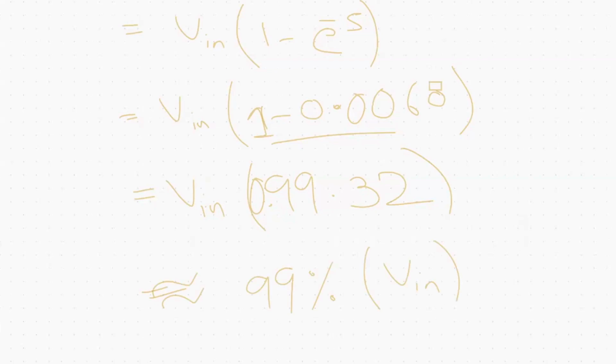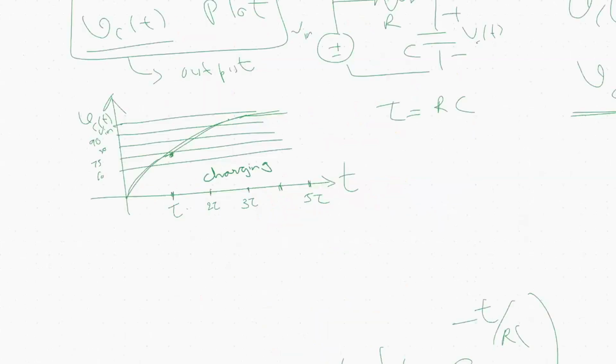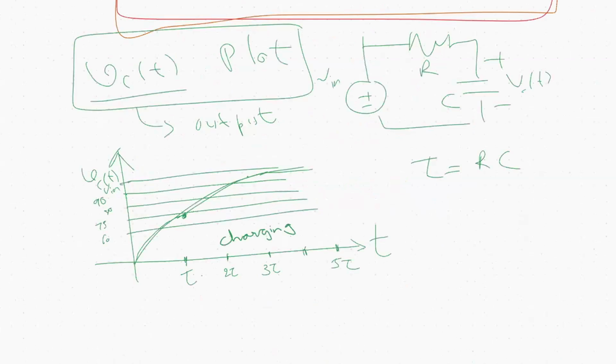And this is at 5 time constants. And that is what we assumed, or that is what we know. And that is how we plot our signal. At 5 time constants time, your signal almost approaches V in.